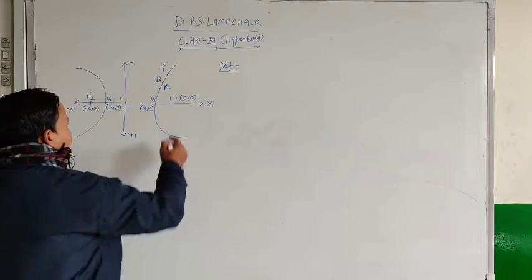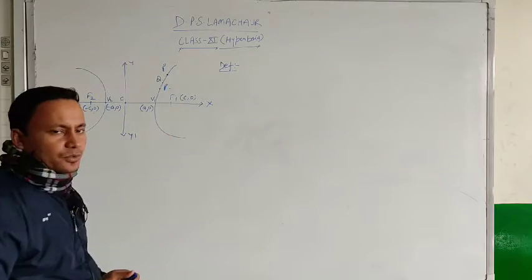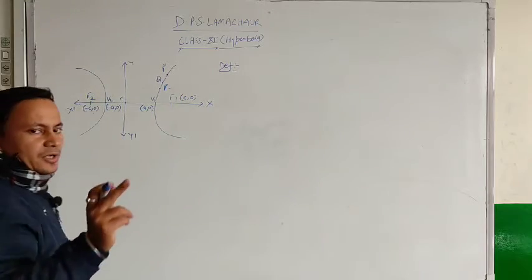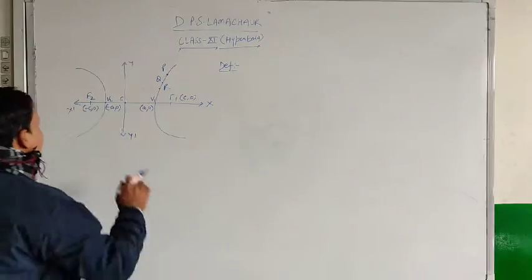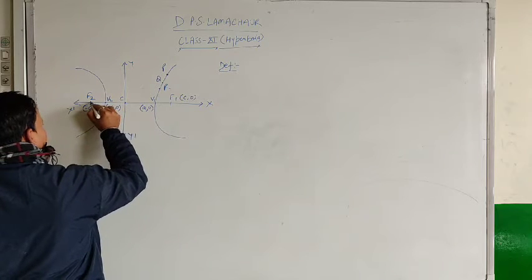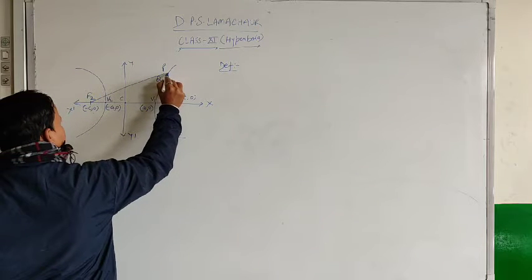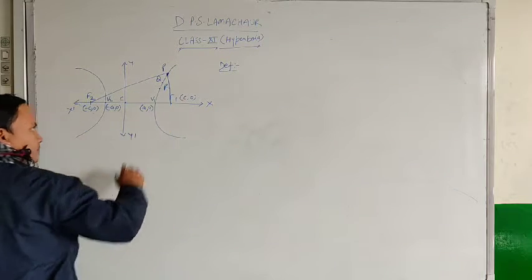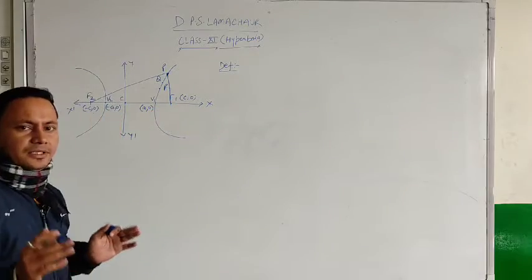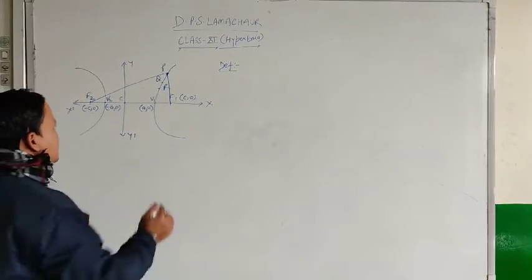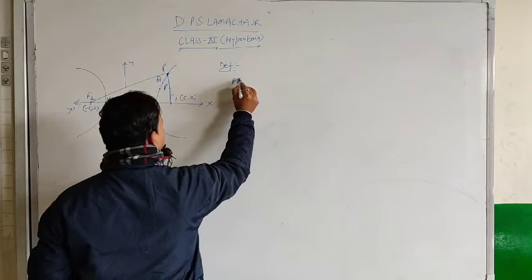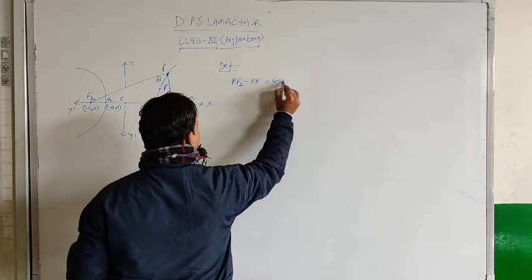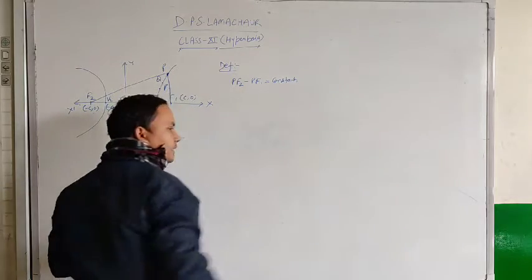It means that if you take any point P on the hyperbola, then the distance of point P from these two fixed points, which are known as the foci of the hyperbola, that is, the distance of P from F2 as well as the distance of P from F1, their difference is always constant. It means PF2 minus PF1 will be fixed. It means it is constant.